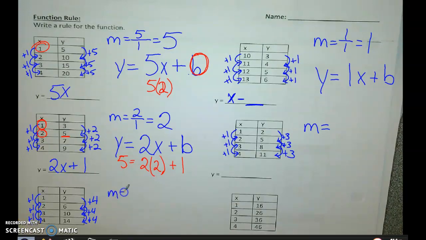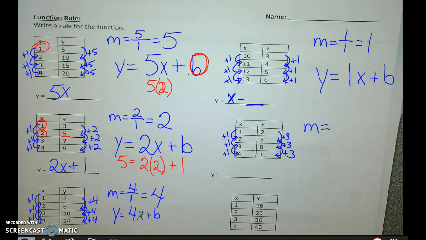So m equals 4 over 1, which equals 4. Taking our equation, y equals mx plus b, for our m, we already know that. We know that our m is 4. So we have 4x plus b.